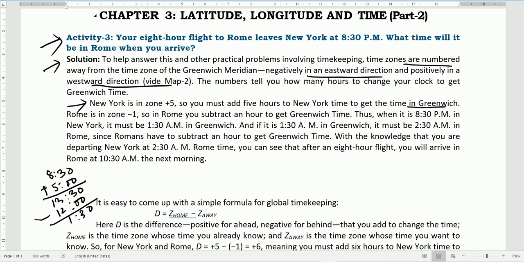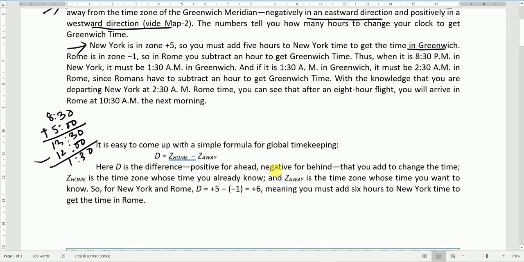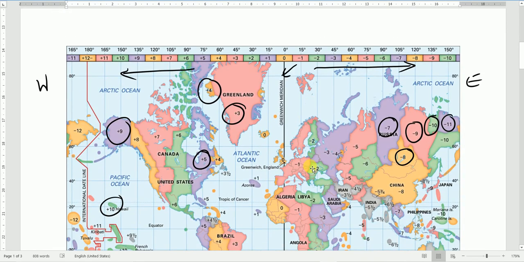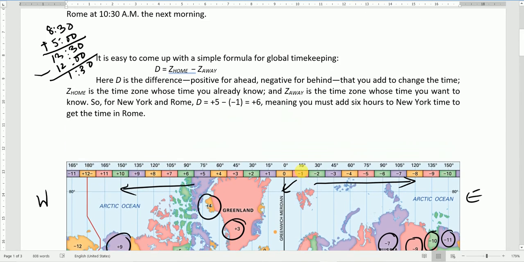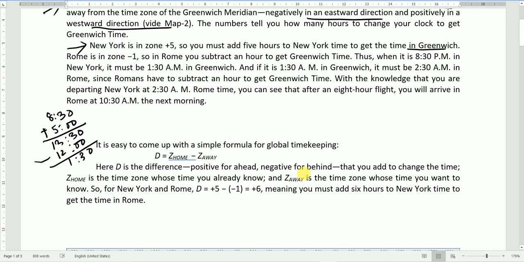a.m. And Rome is in zone 1, so in Rome, you subtract an hour to get the Greenwich time. So Rome is here, at -1. Rome is in zone 1. So in Rome, you subtract an hour to get Greenwich time.